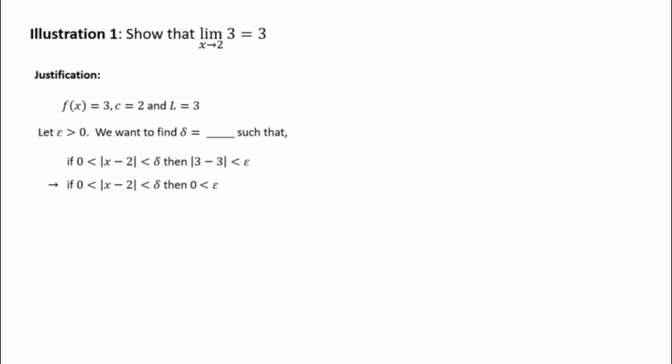Therefore, we can proceed by saying that take any delta value, then the above condition is satisfied. Or for the sake of showing a delta value, we could say by taking delta equals 1, the above condition is satisfied. Therefore, the limit of 3 as x approaches 2 is nothing but 3.